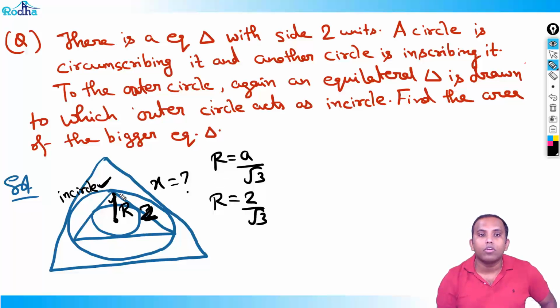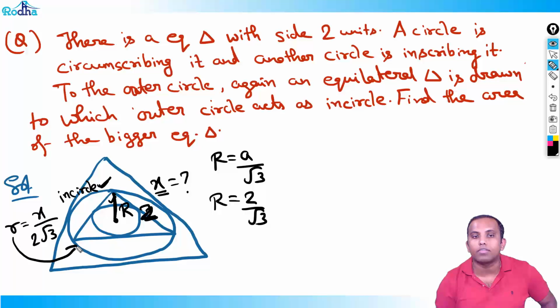Now this circle is the in circle for the outer triangle. If the outer triangle has side x, its in radius is x by 2 root 3.